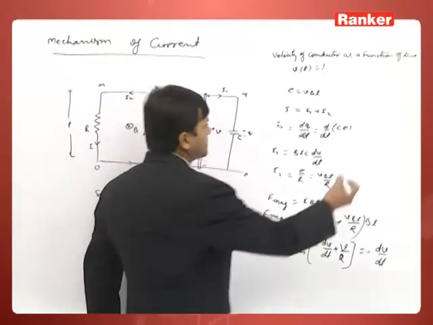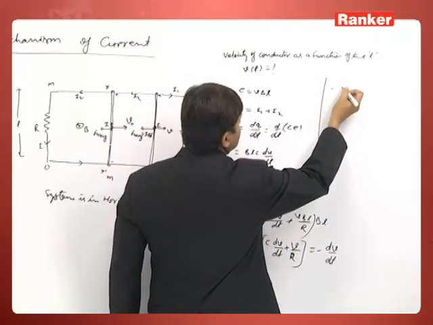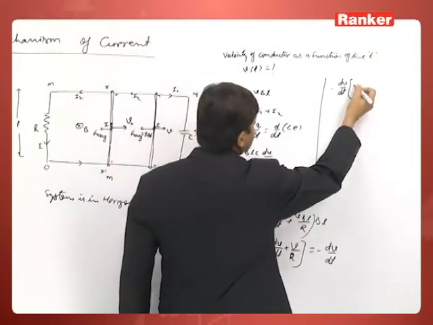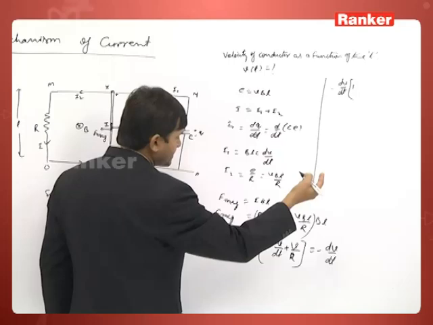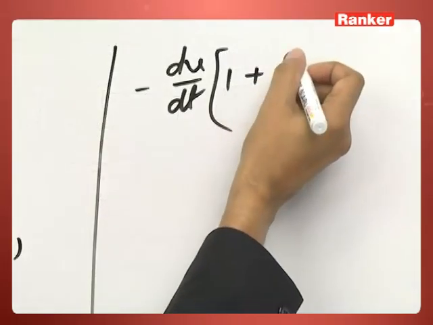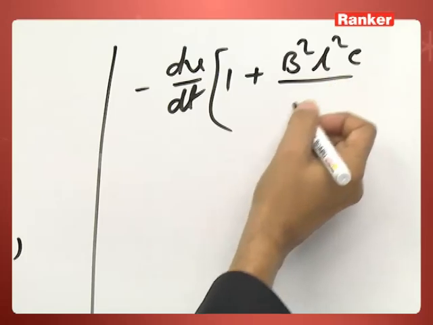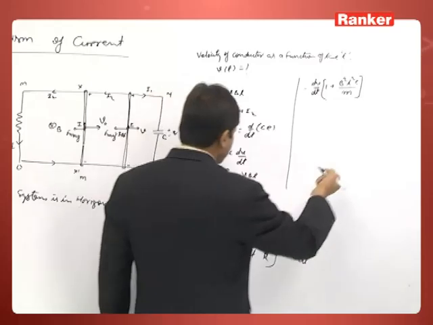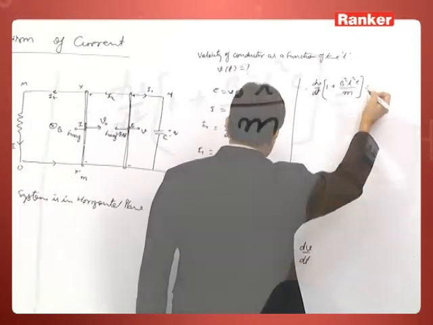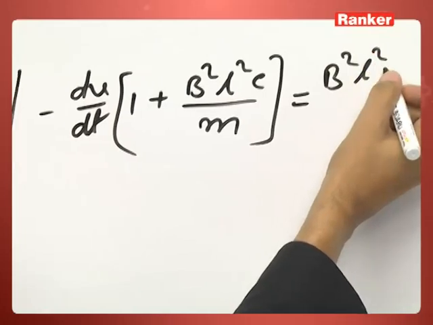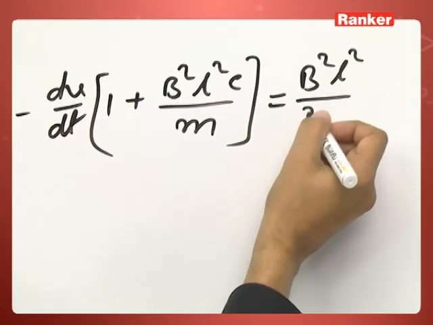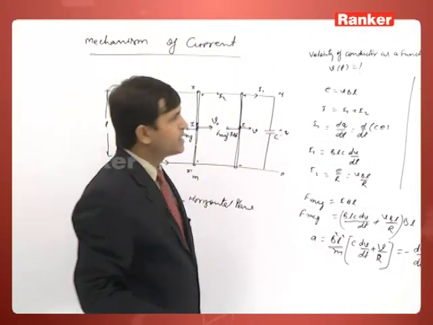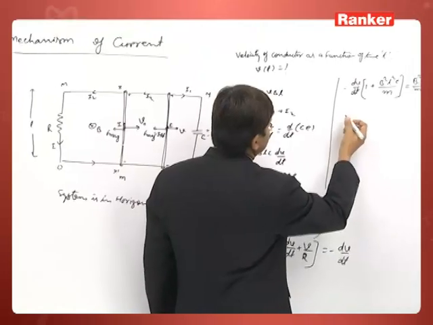After that we can simplify. Minus dV by dt we can take common. So what will we get? 1, and this also comes on that side, so plus B square L square C by M. This is dV by dt, which is equal to B square L square by MR into V. Now again we can simplify this one and we will get the answer.